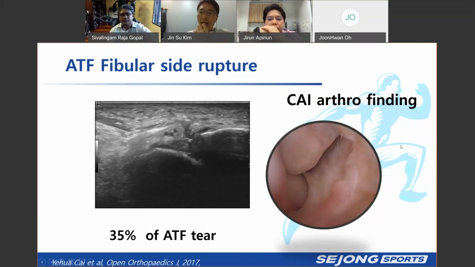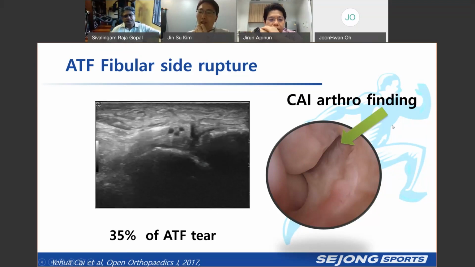So in that case, we can see in the arthrographic finding that the upper ATFL is completely avulsed from the fibula side. I think that is a good indication for arthroscopic ATFL fixation.